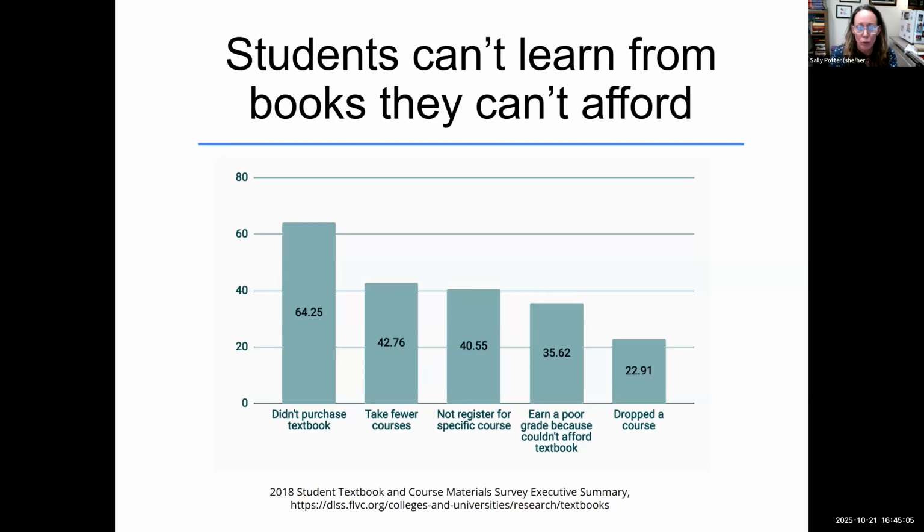Almost 43% took fewer courses because of the high cost of textbooks. A little over 40% did not register for specific courses because they're looking at textbook cost. Almost 36% earned a worse grade because they couldn't afford the textbook, and almost 23% had to drop a course because of the cost of the textbook.